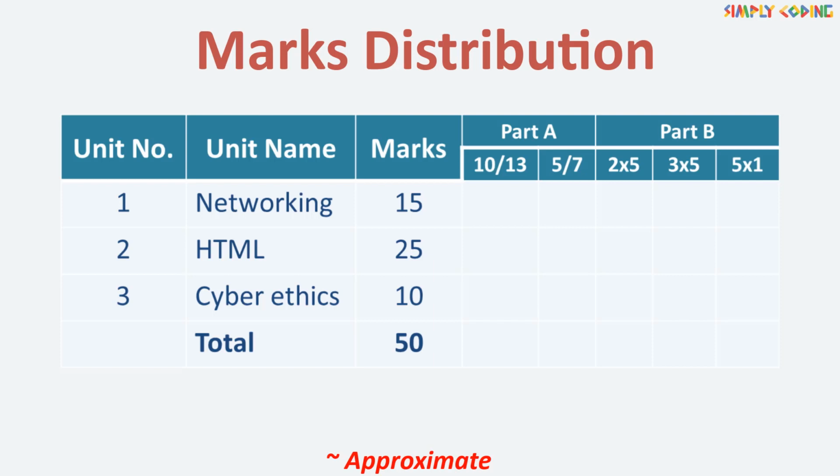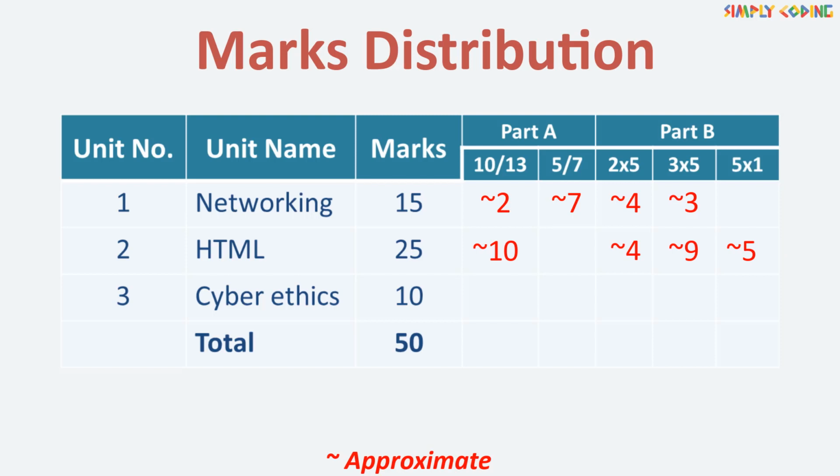For networking unit, there could be 2 to 3 questions of 1 mark in section A and also one 5 mark case study, so 7 MCQ questions here. In section 2, there are 2 2-mark questions and 1 3-mark question. For HTML, we can expect around 10 1-mark question, 2 2-mark question, 3 3-mark question and 1 5-mark question.